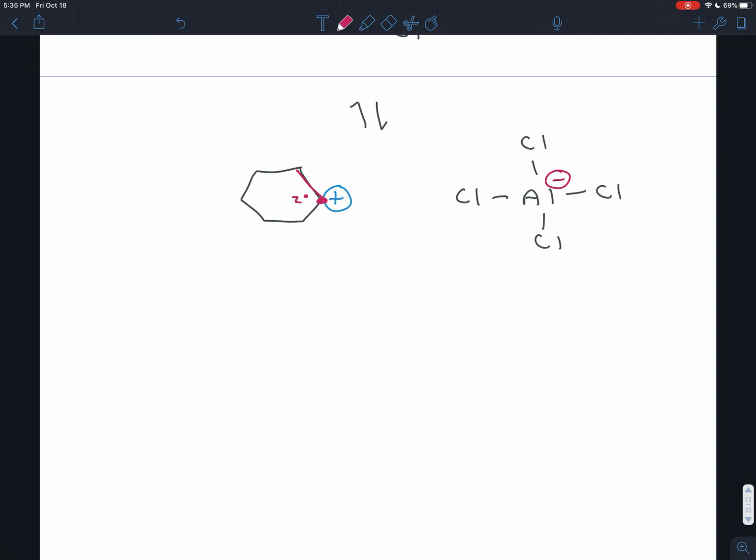This is bonded to two other carbons. And next door, this is also secondary, and this is also secondary. So all of the positions nearby have the same stability as this, and so the carbocation doesn't rearrange.